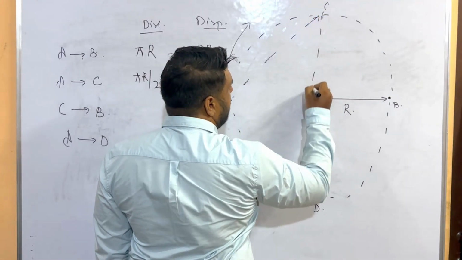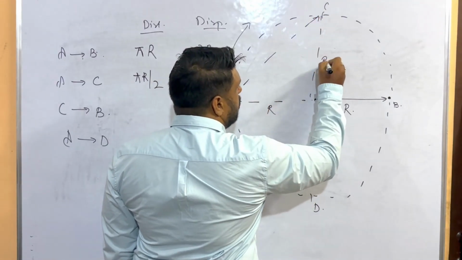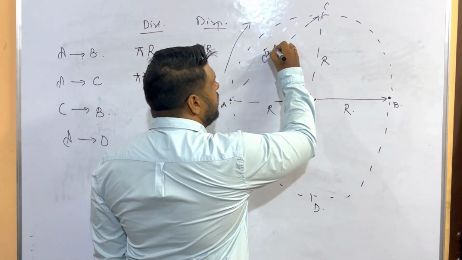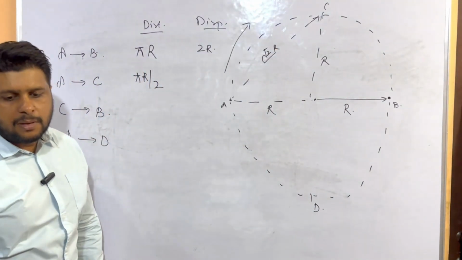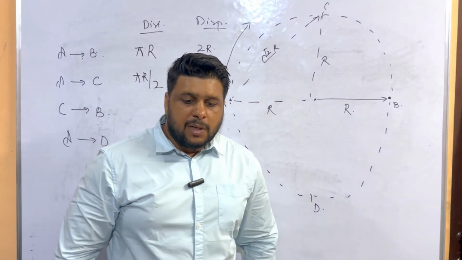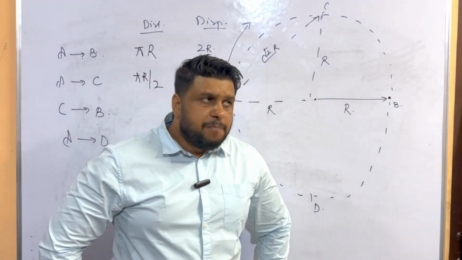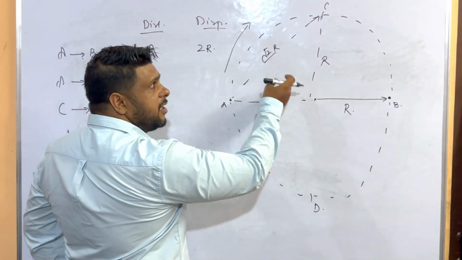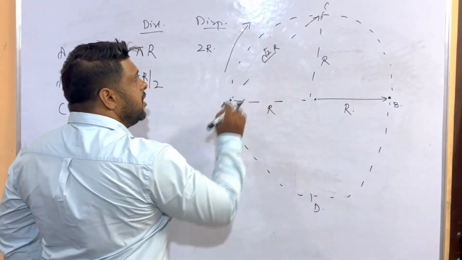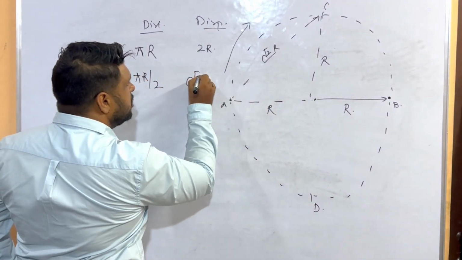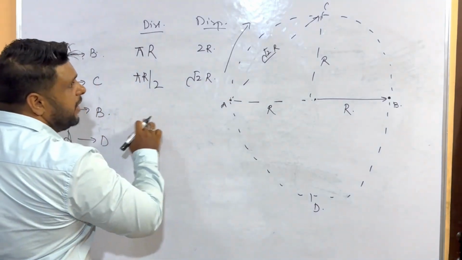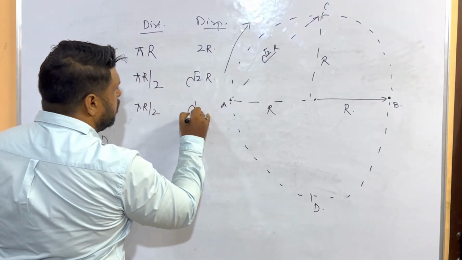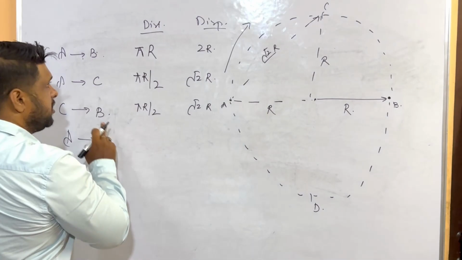If I connect, this is also r, this is also r, and this makes a right angle triangle, so the displacement is going to be root 2 r. You can solve it using the Pythagoras theorem: r square plus r square is equal to hypotenuse square. So my displacement here is root 2 r. Similarly, when it is moving from C to B, same scenario: distance pi r by 2 and displacement root 2 r.